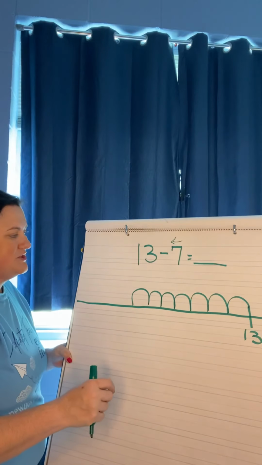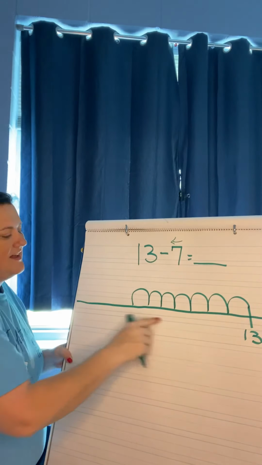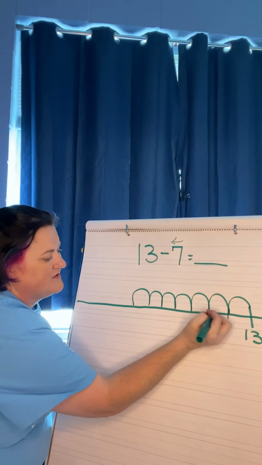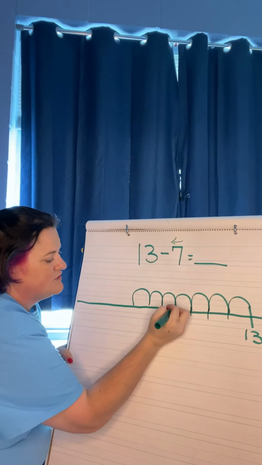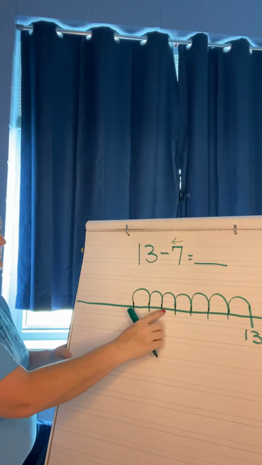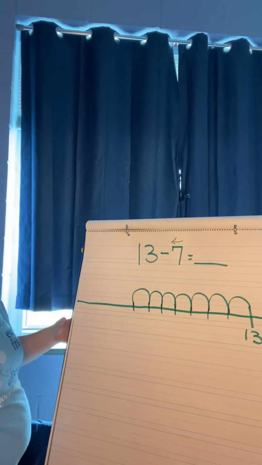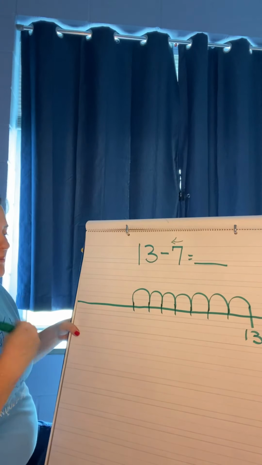Now what we're going to do is I know I need to hop back 7, so I am going to fill out my number line now. I'm going to first put my tick marks to make my equally spaced lines on my number line. And now I'm ready to skip count backwards by ones.